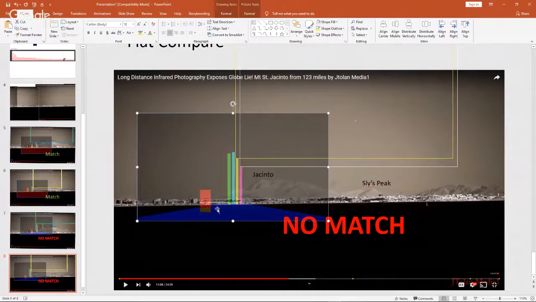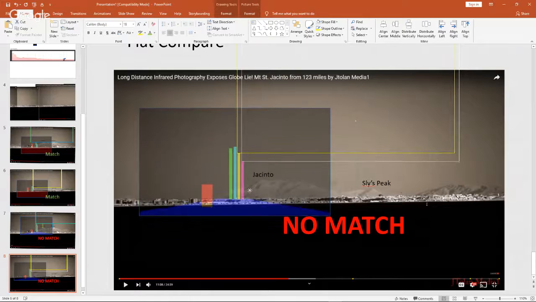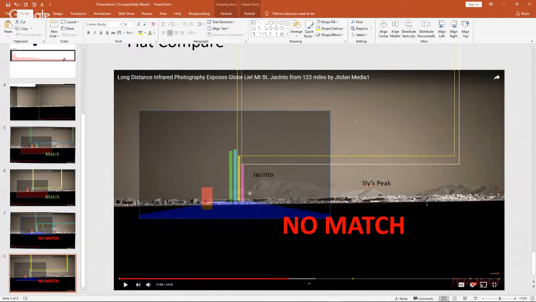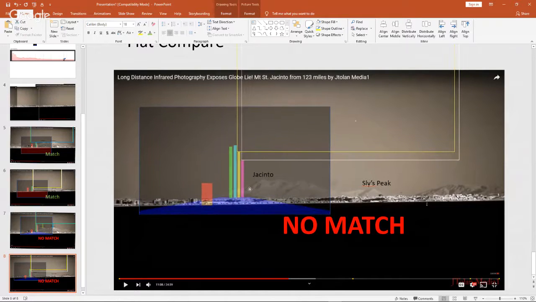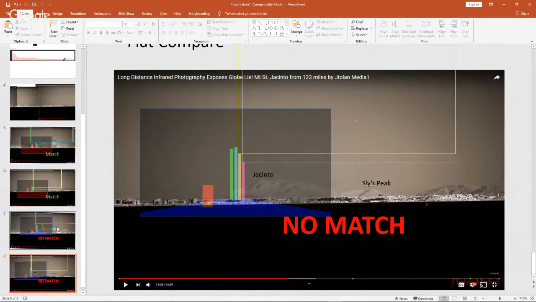If I put the brown of the land below Los Angeles somewhere, anywhere here in this land that you can see the land, it doesn't even come close to matching up to the two peaks. Doesn't even come close.